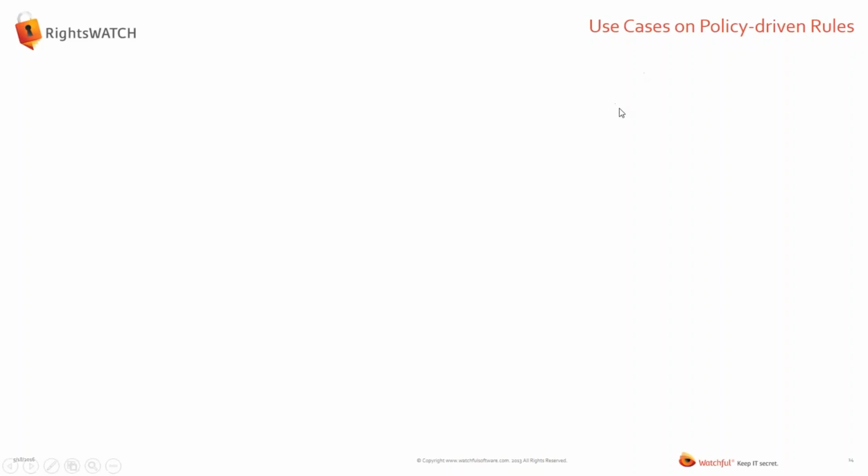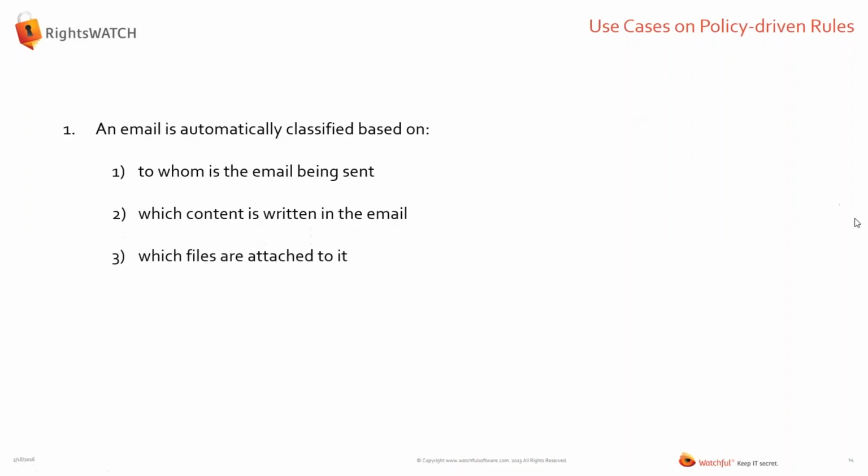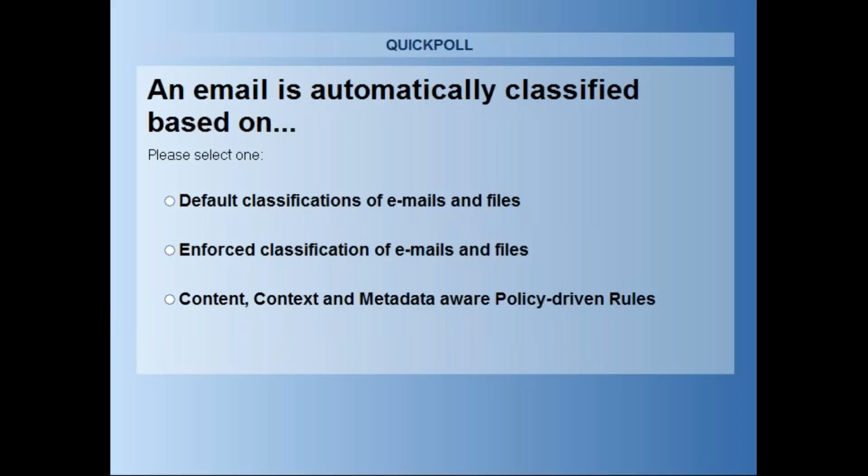So in this case, an email is automatically classified based on to whom the email is being sent, which content is written in the email, and which files are attached to it. So you can answer. You have 3 choices here. Which one do you think is the most likely in this case?